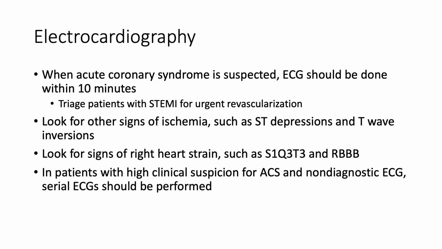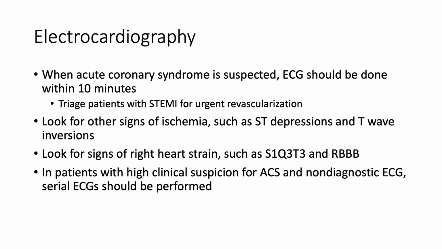So once you've gotten your history and physical, you want to get an EKG as quick as possible, and a lot of times that's happening at the same time you're doing your history and physical. The guidelines recommend that you get that EKG done within 10 minutes if you suspect an acute coronary syndrome. And the goal there is to triage patients who have ST elevations for urgent percutaneous coronary intervention.